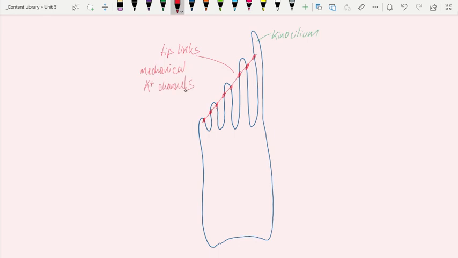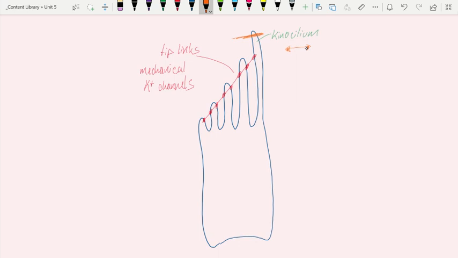Now you can appreciate that as the basilar membrane vibrates based on the resonant frequency, this whole cell is going to shake back and forth. And because this kinocilium is embedded up here in the tectorial membrane, that's going to cause shifting back and forth of the kinocilium.